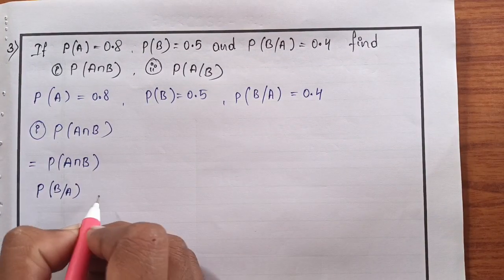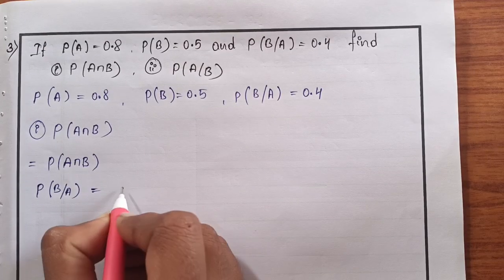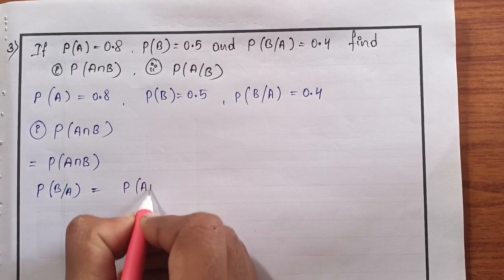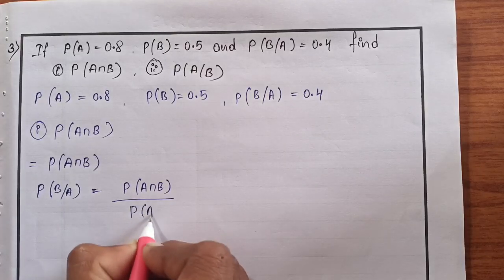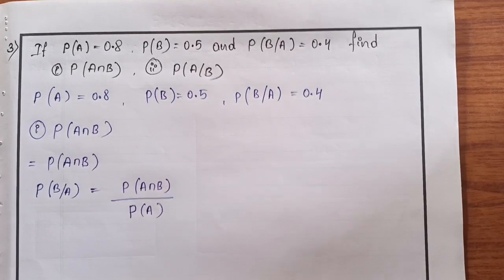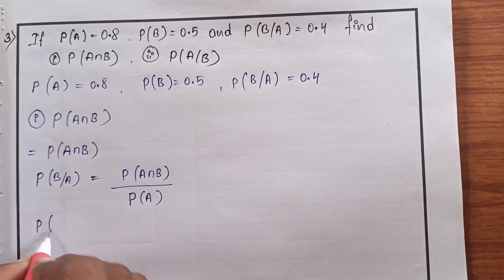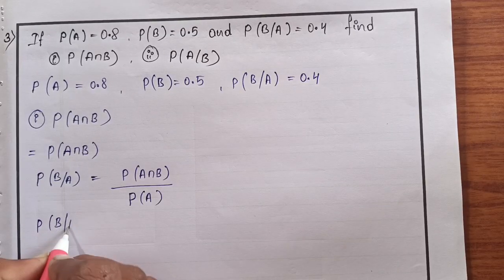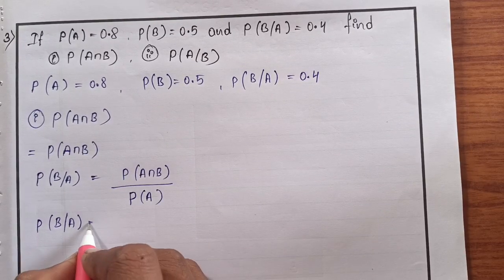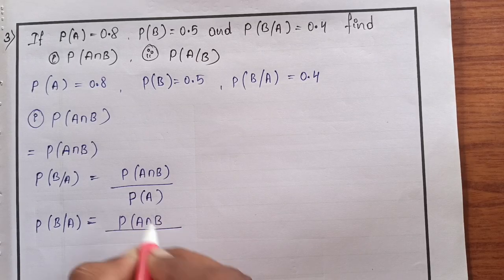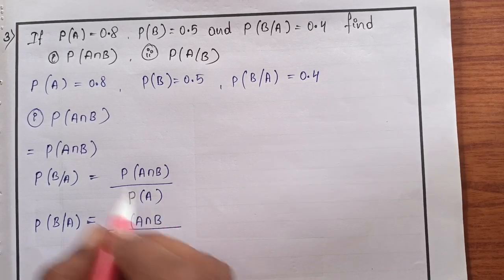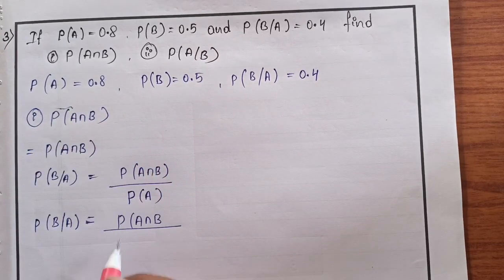So the probability of B by A is equal to probability of A intersection B divided by probability of A. The value of probability of A is 0.8. We write it.